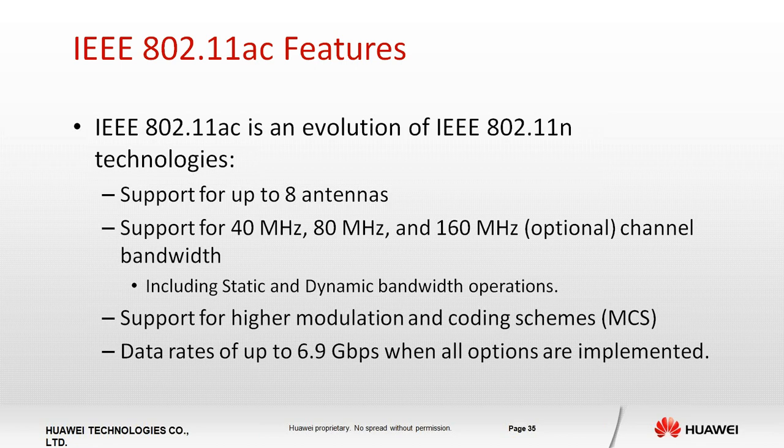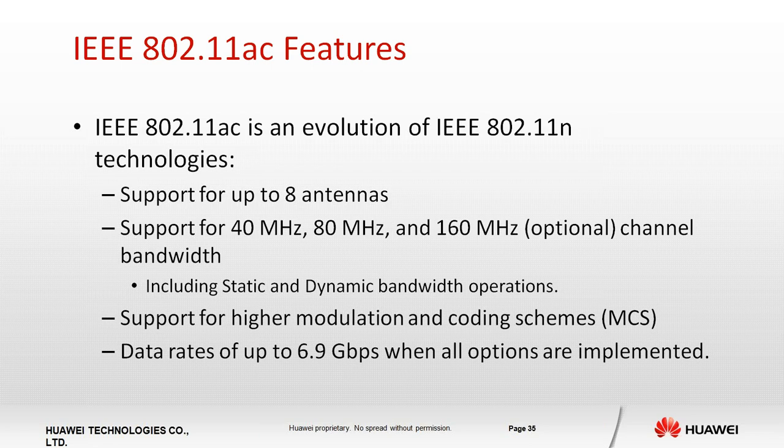Basically, this feature is simple. If someone is trying to use 80 megahertz and the whole 80 megahertz channel is not available, then they can downgrade their transmission to 40 or 20 megahertz based on the availability of the channels, and this is what is meant by dynamic bandwidth operation.